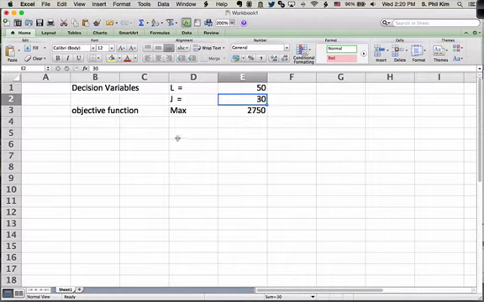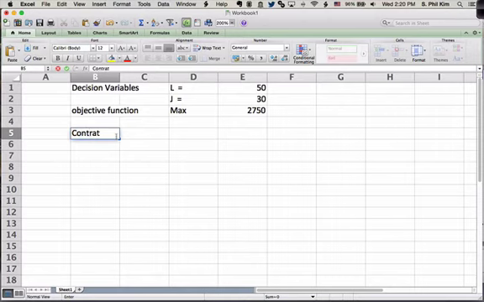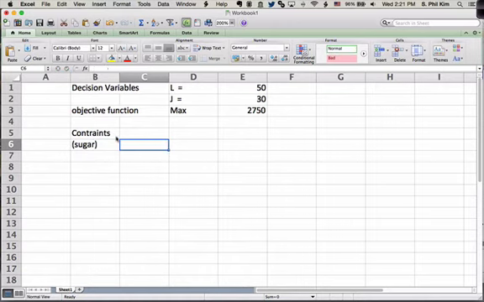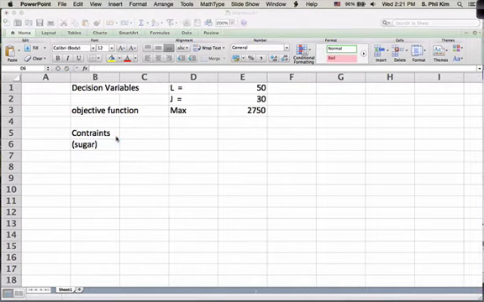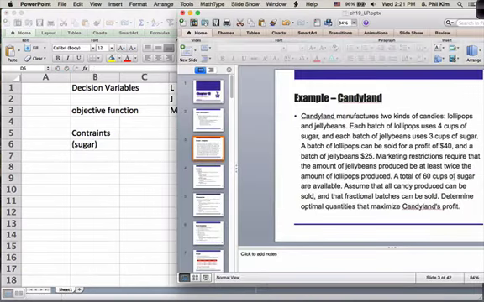Okay, now you have to make a constraint. The first one was sugar. What is the sugar requirement? Jelly bean uses 3 cups and lollipop uses 4 cups.